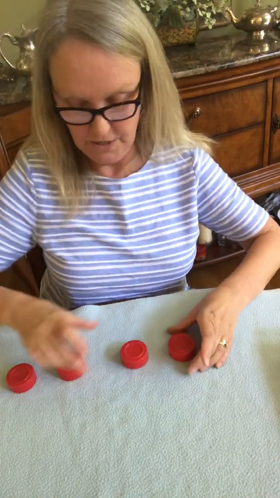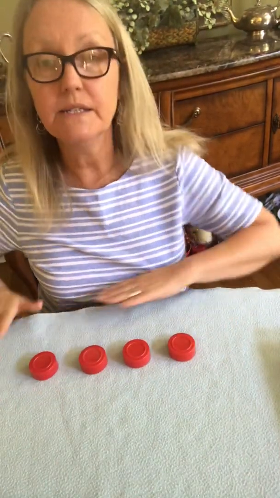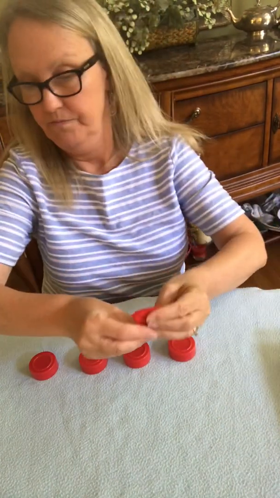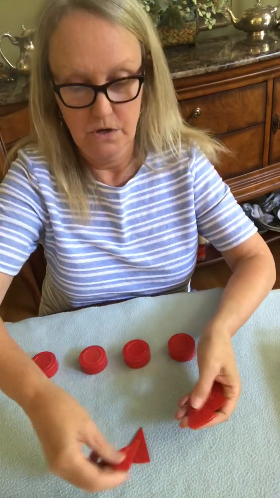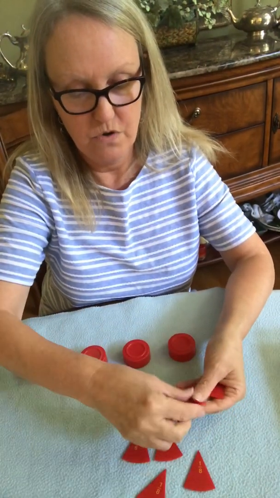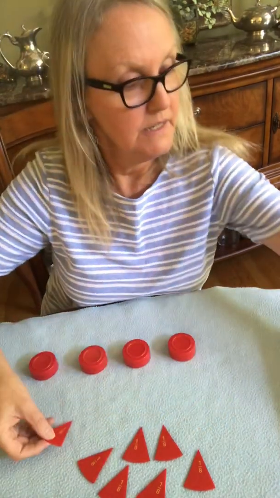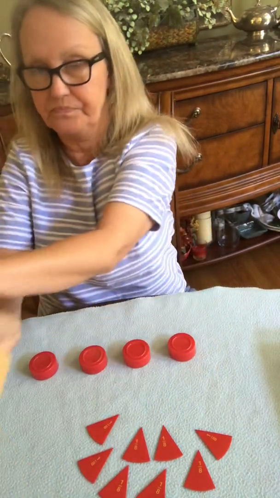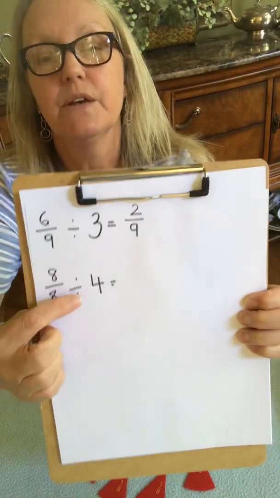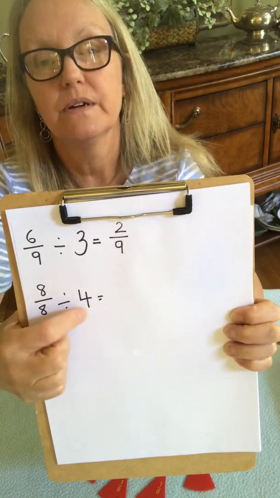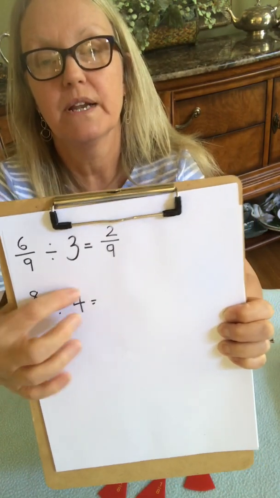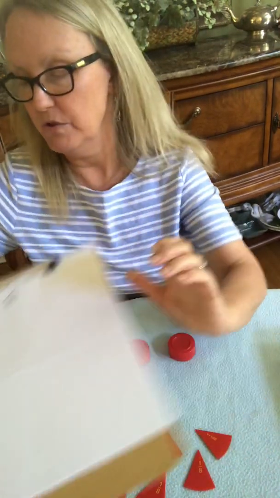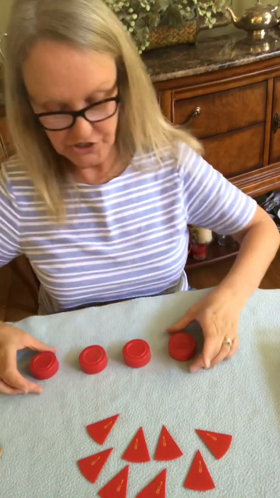There's 4 little people or little Skittles, and we're going to get 8/8. 1/8, 2, 3, 4, 5, 6, 7, 8. So we have 8/8, and we're going to divide by 4. So we've got our 8 eighths, and we've got our 4 little bottle caps, but you could use Legos or Skittles or whatever you've got. Now we're going to share out.